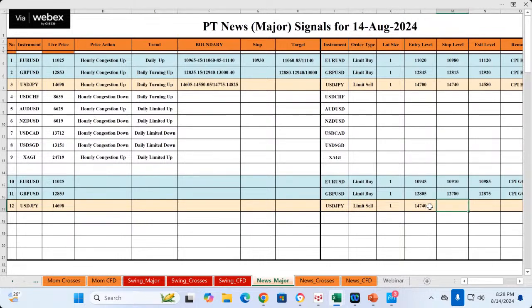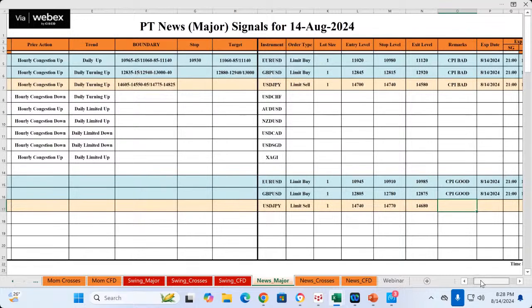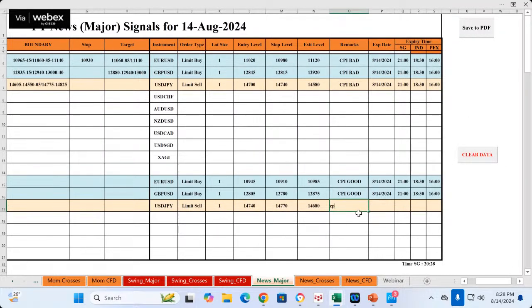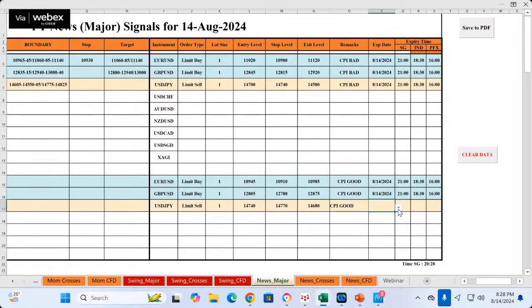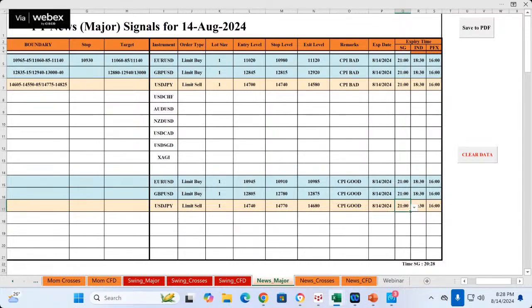Okay, stop 147.70 and TP at 146.80. Okay, this is CPI good. Okay, expiry again we put 21.